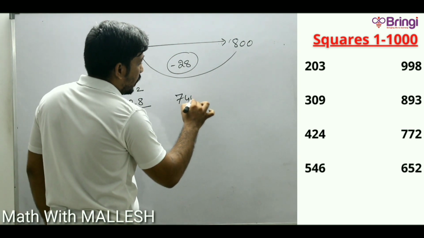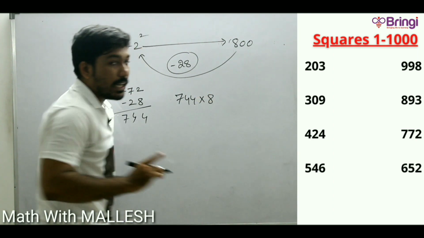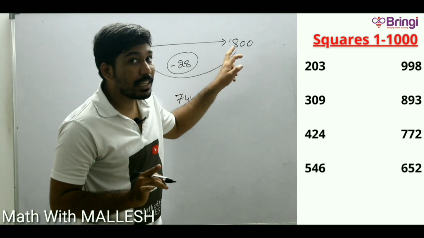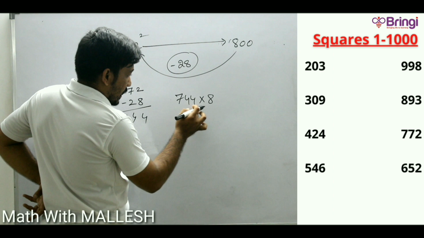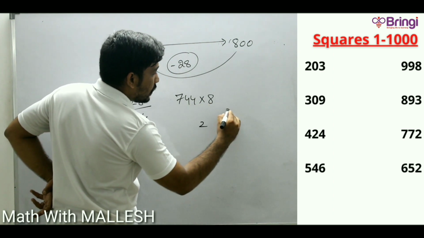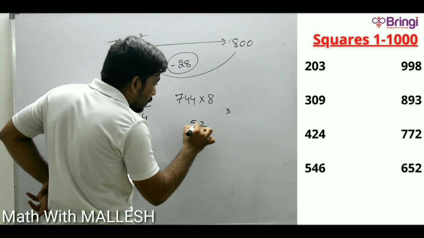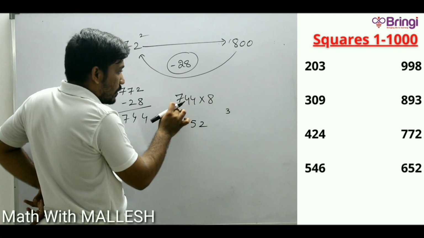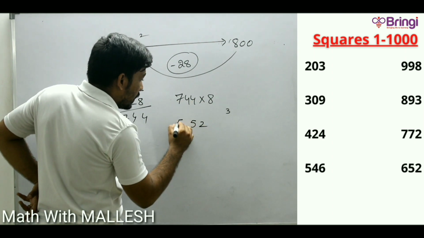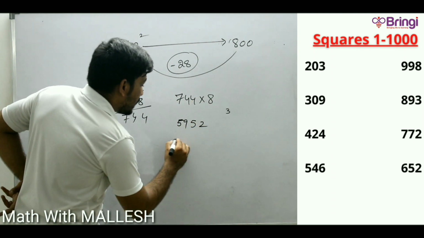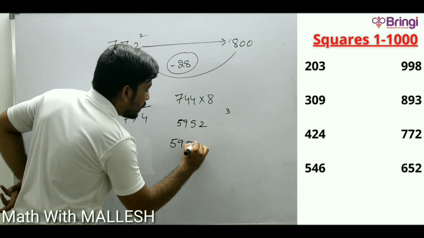After 744, multiply with 8 because base is 800. So 8 4s are 32, 35. Again 8 7s are 56 plus 3, it's going to be 59. So the answer is 59 and 52.